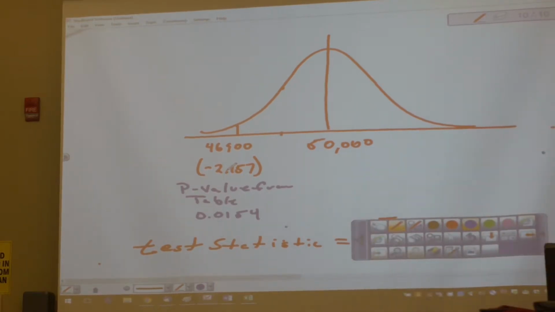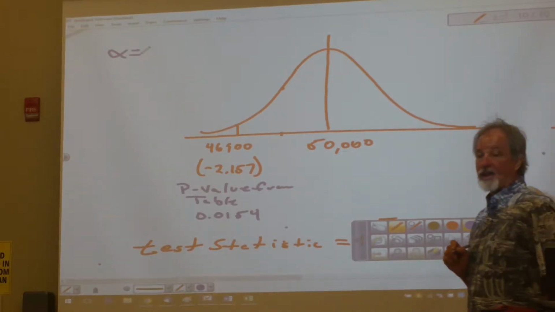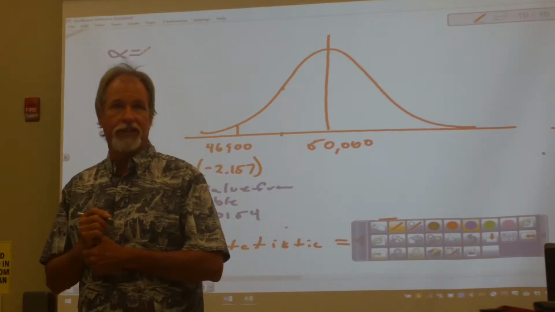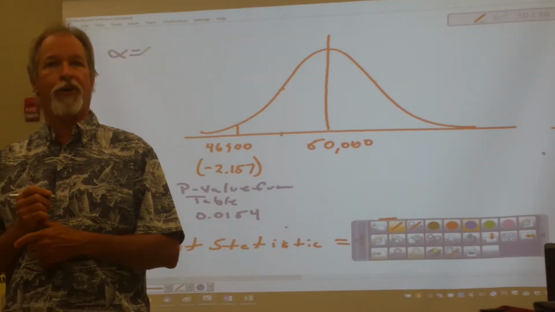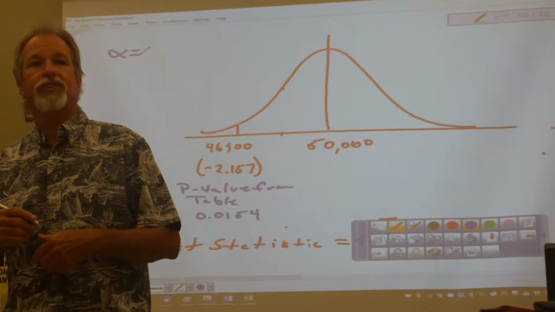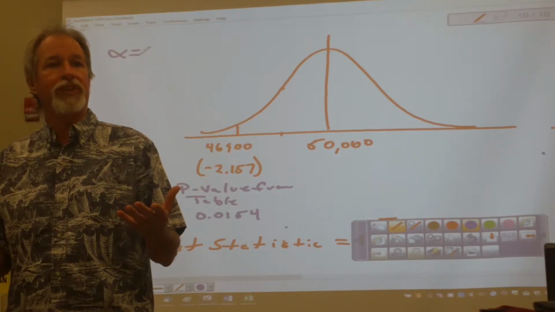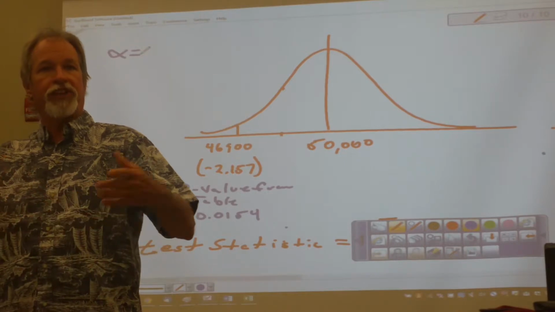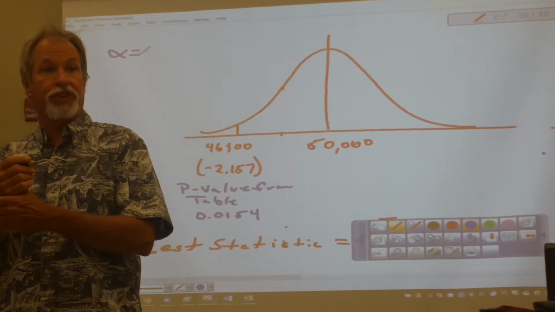Now, I have to choose an alpha. If they don't give us an alpha, the book says default. Does everybody know what default means? Yeah. That means if nothing else is given, this is what we're going to use.